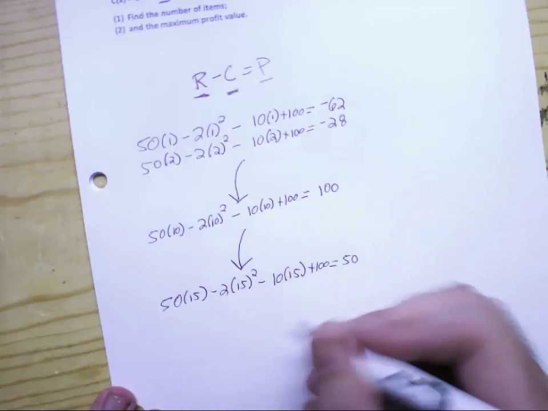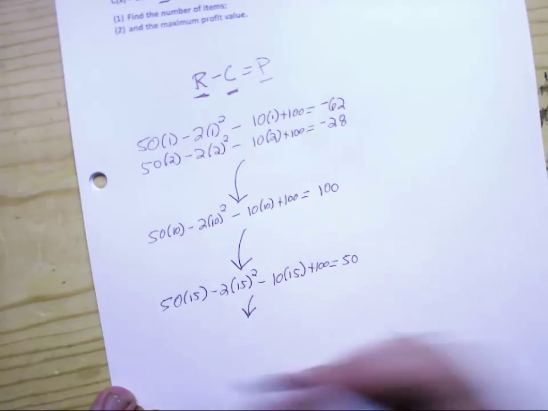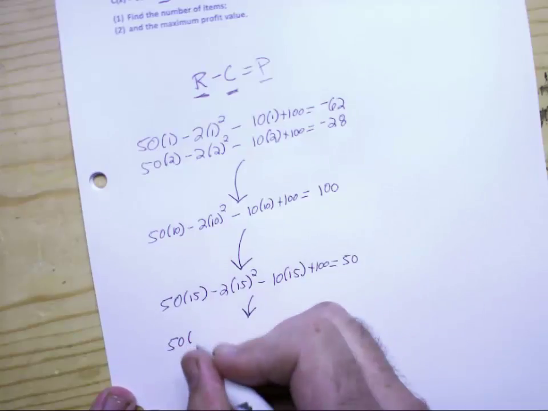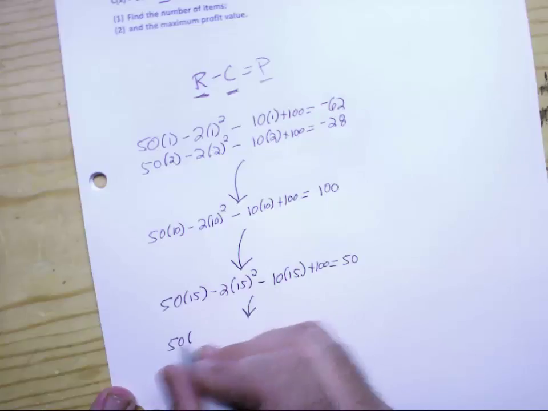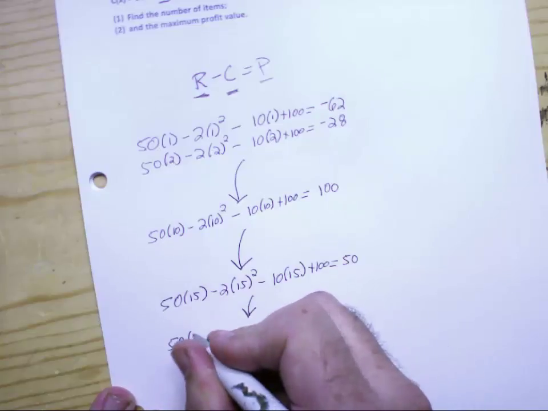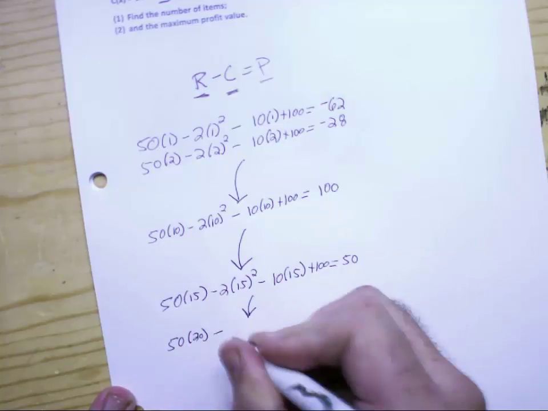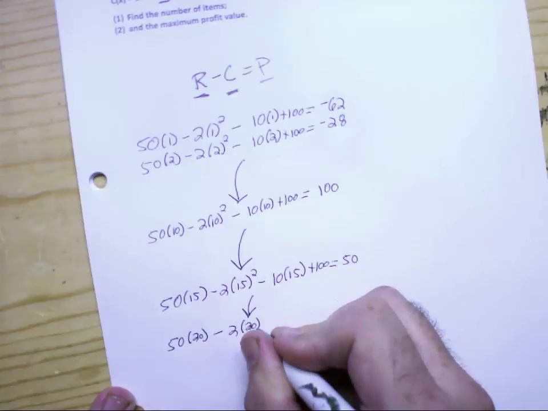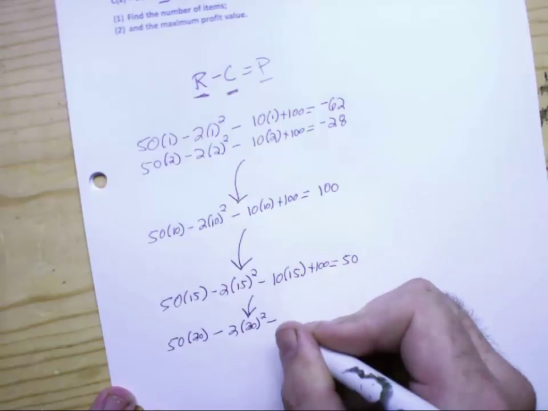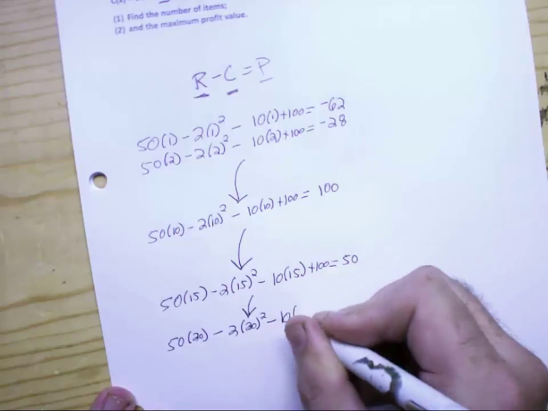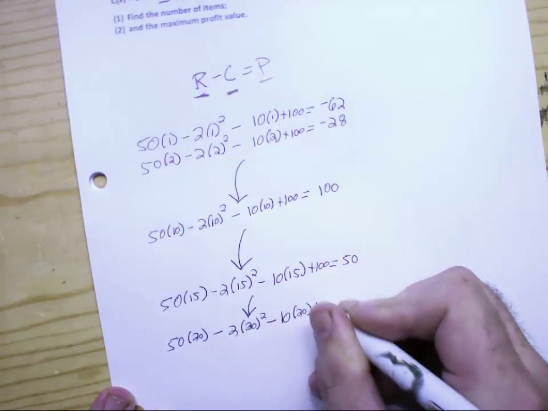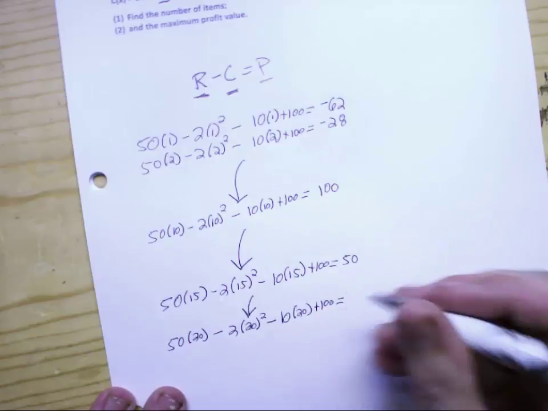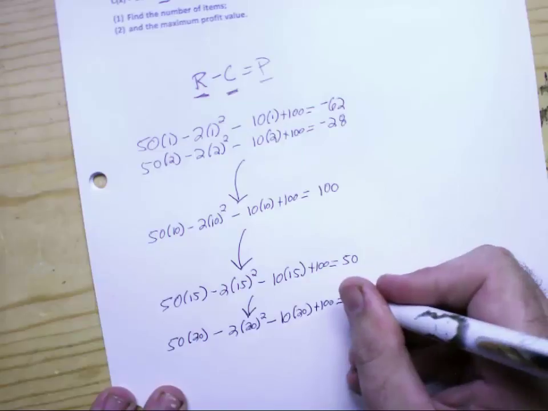And then just so that we continue here, we're kind of defining our range where we're working in. So let's do 20. At 20 items, we're actually making negative $100.